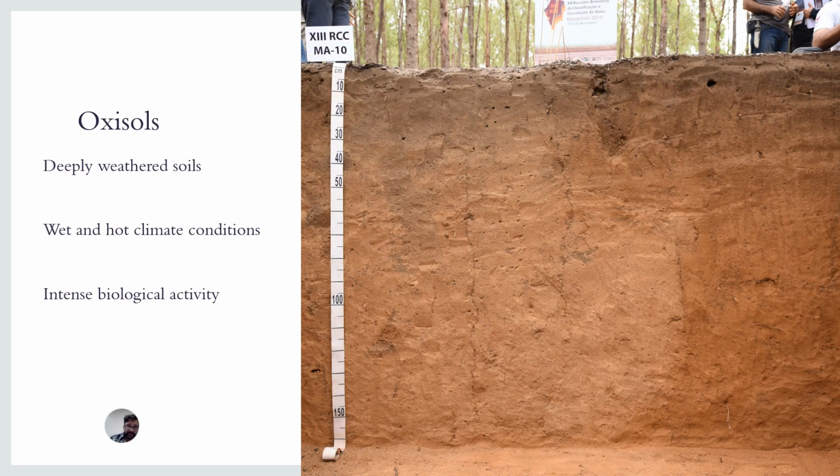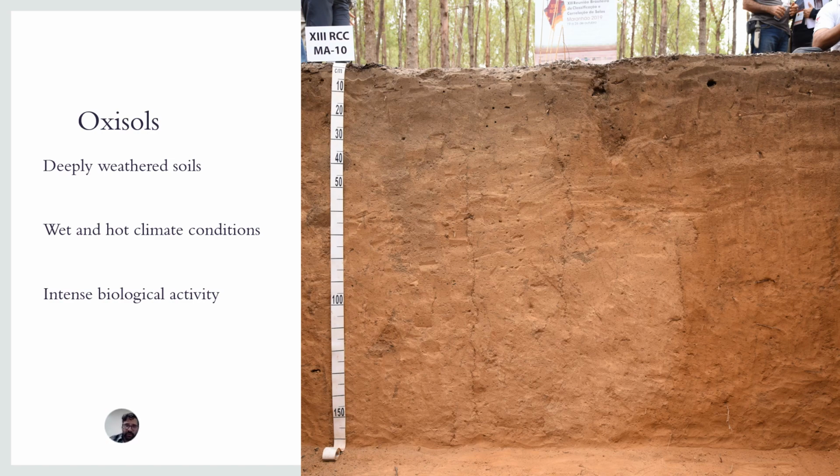So these specific soils express intense bioturbation, intense biological activity, and it's quite common to see that the difference in color, structure, and texture between the horizons which compose the oxisols is very low.